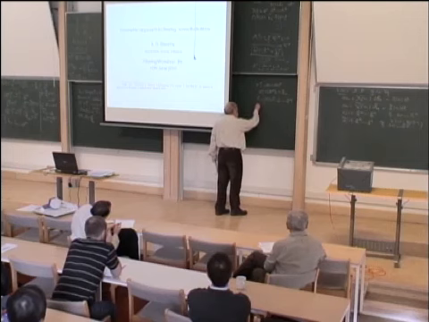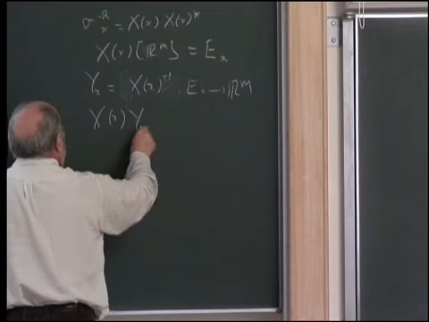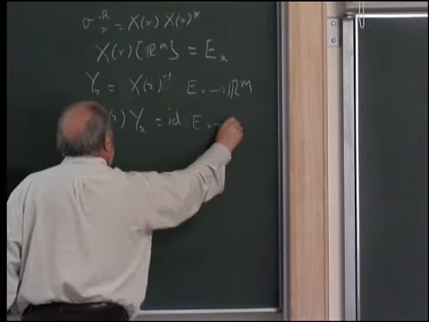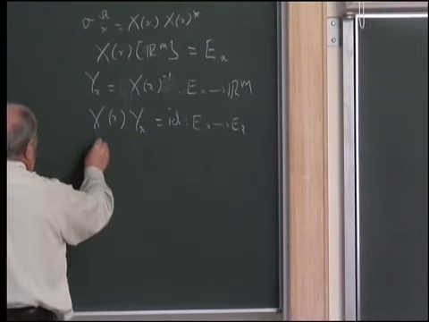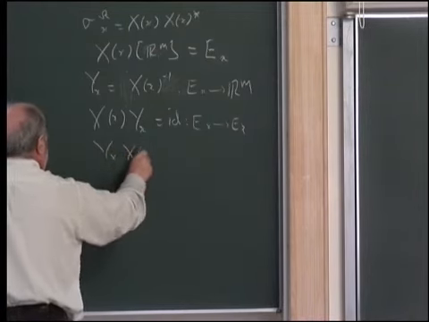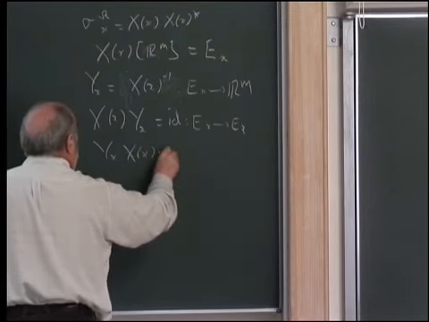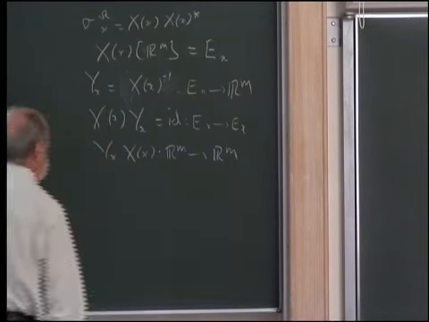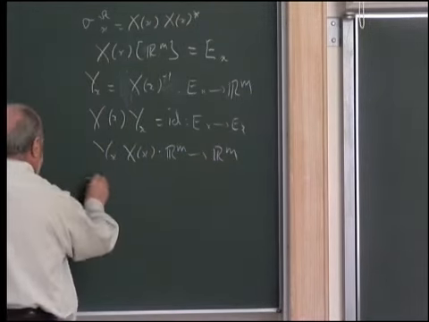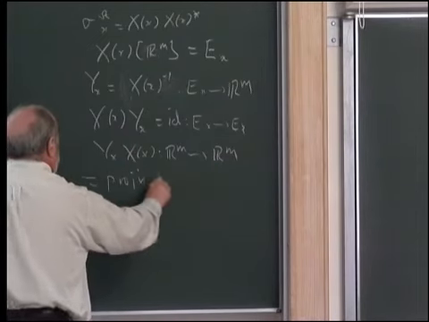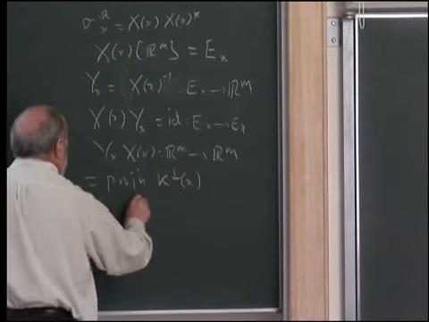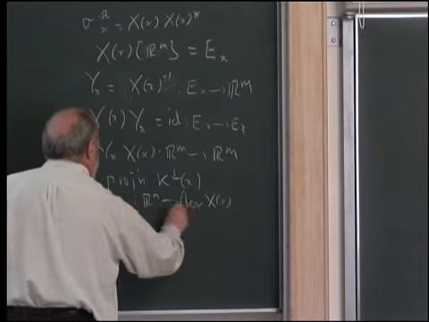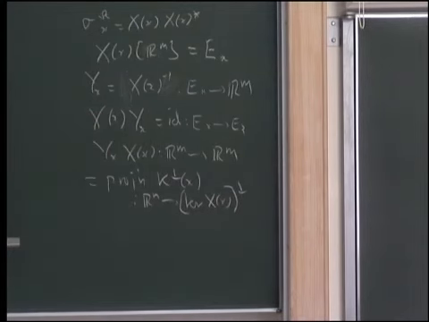And then the formula I want is X(x) Y(x) is the identity from E(x) to E(x), and that Y(x) X(x), a map from R^m to R^m, is equal to the projection, which I'll also call K perp (x), from R^m to the kernel of X(x) perpendicular.